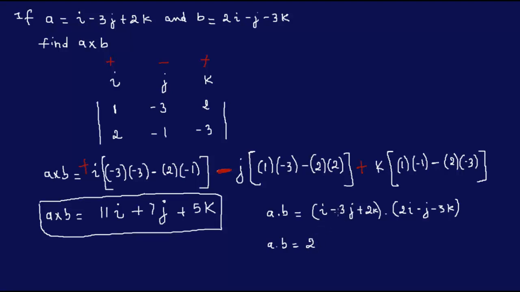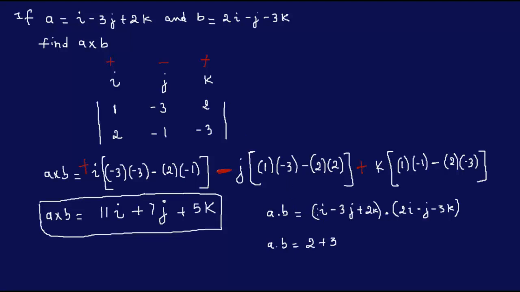Minus 3 times minus 1, that's plus 3. So your i's and your j's are not involved. I probably shouldn't even put i's in here, but I just wanted to show you that the dot here is different than the setup.